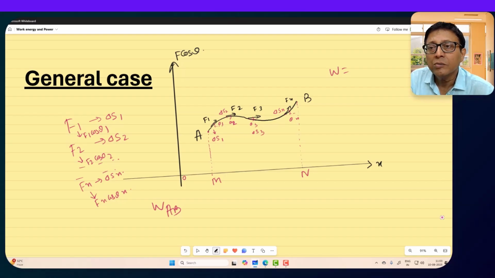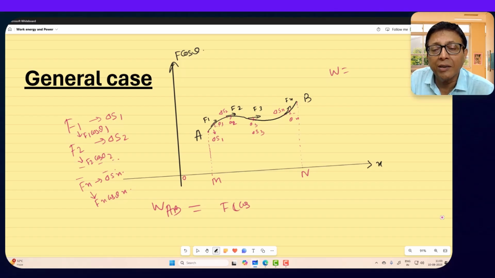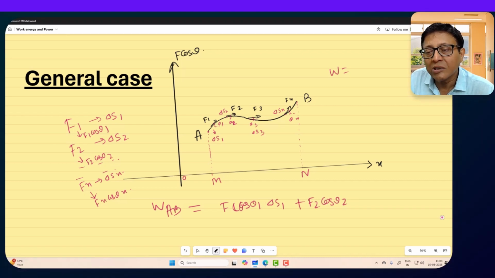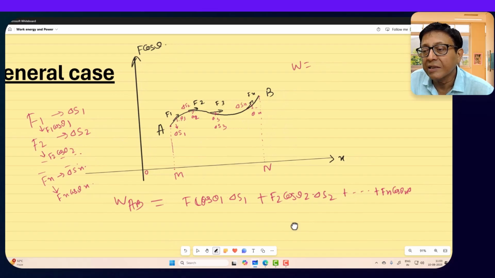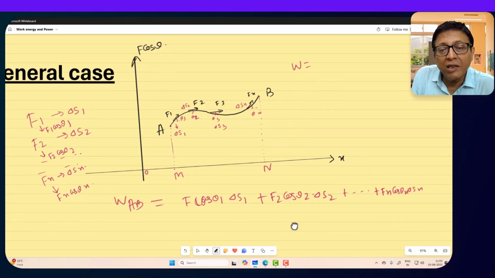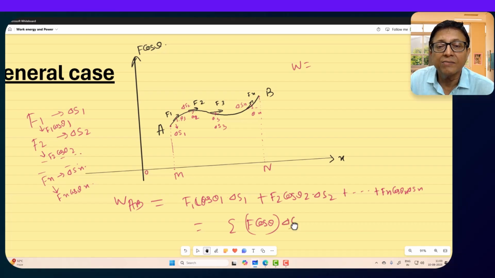So W AB, if we write it here only, is F1 cos theta 1 into delta S1, F2 cos theta 2 into delta S2, Fn cos theta n into delta Sn. Again, by using the sigma sign, this is going to be sigma F cos theta into delta S.